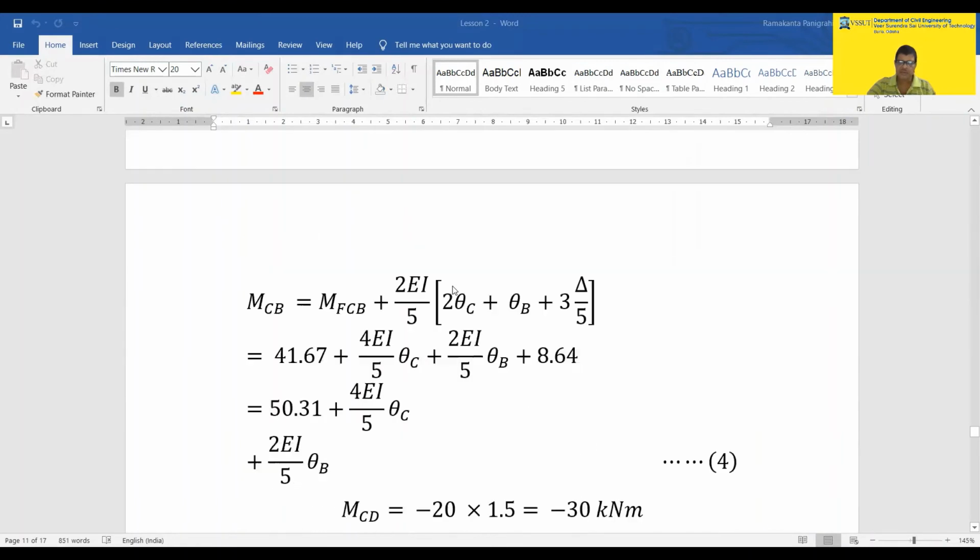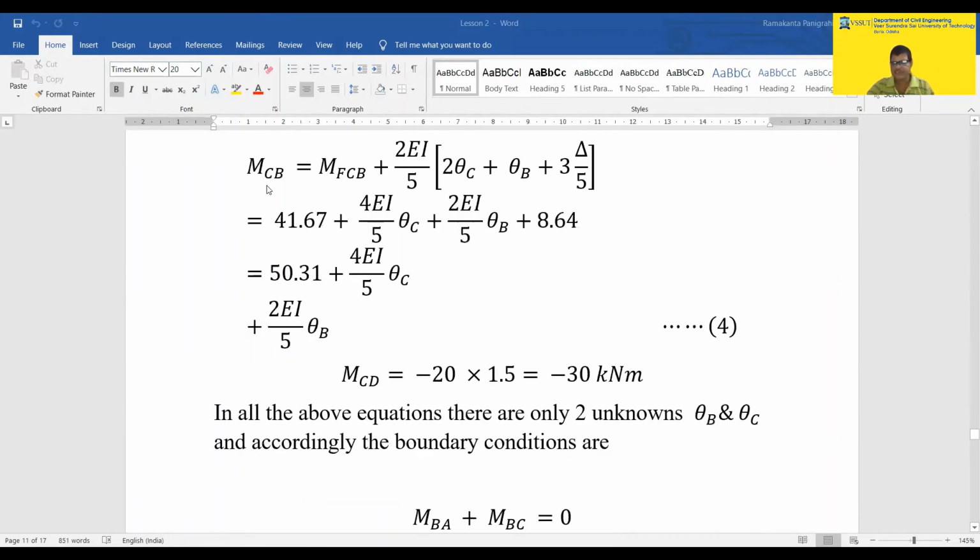Now again you can calculate the value of MCB. By putting the value of 3 delta by 5, because L is equal to 5, we'll get this value. So MCD is minus 30, and these values we have obtained for MBA, MBC.